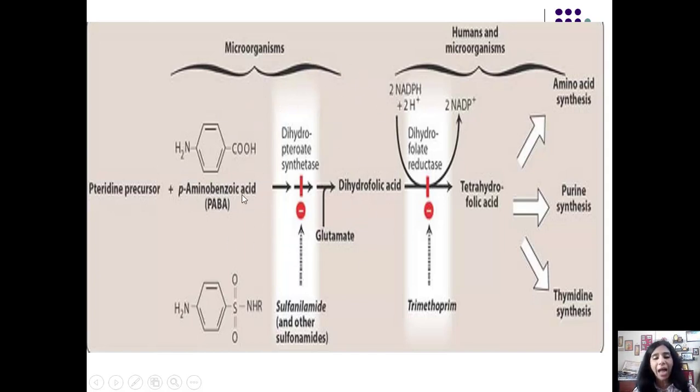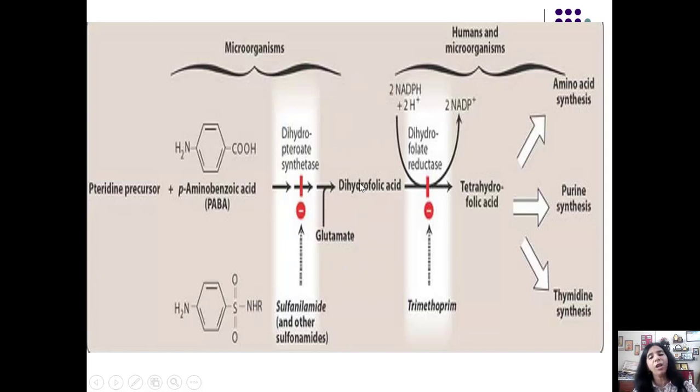Now this enzyme is competitively inhibited by sulphanilamide and other sulfonamides, the antimicrobials in question. Because sulphanilamide has a very strong structural resemblance to PABA, dihydrofolic acid is not formed. Students, it is not formed.